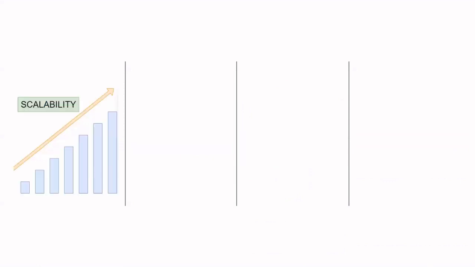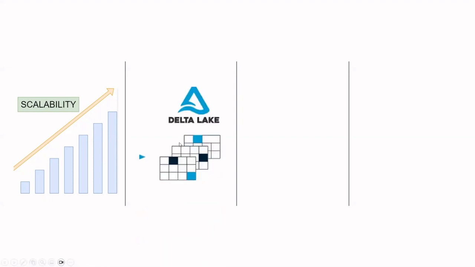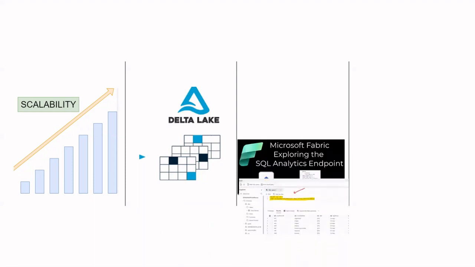A few other advantages of lakehouse I can discuss, like scalability. Lakehouse is designed to handle massive amounts of data, as I mentioned before. It can scale effortlessly, basically from gigabytes to petabytes of data. Lakehouse uses Delta tables as its default format. These Delta tables are optimized for both batch and streaming workloads.